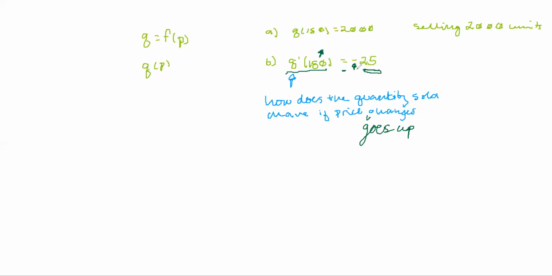If there wasn't a negative sign, that would mean sales would go up 25, so Q of 151 would be 2,025. As it is, we're assuming Q of 151 to be 1,975.